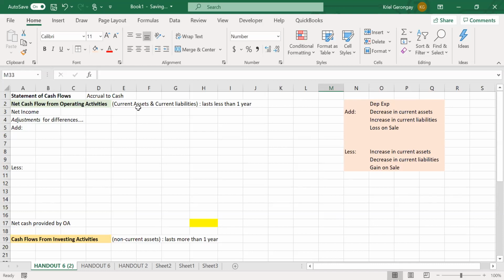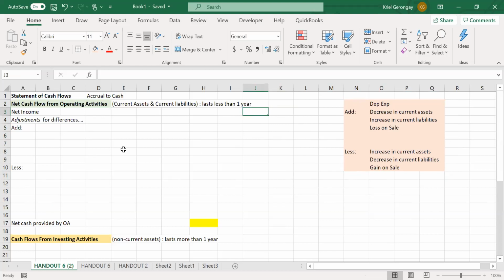So we're adding back all the non-cash transactions and subtracting all the cash transactions. To give you more clarity, I made this mini chart, which is related to the operating activities bucket, so you won't get confused later on.